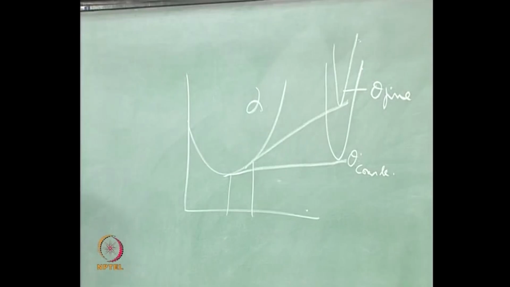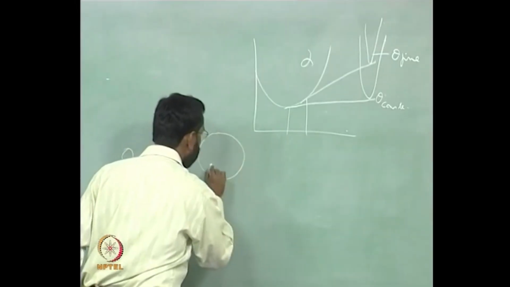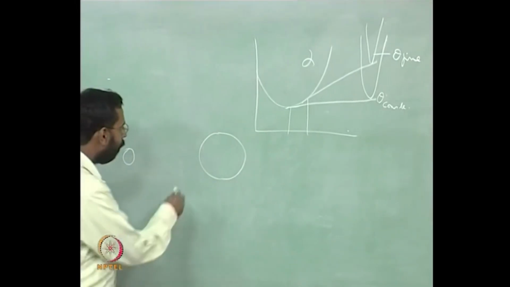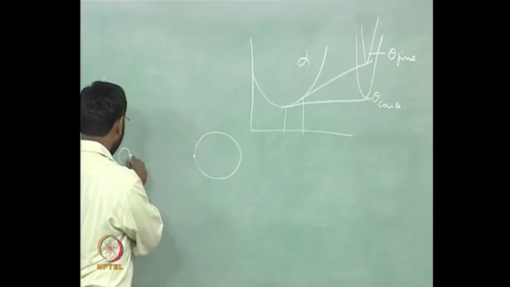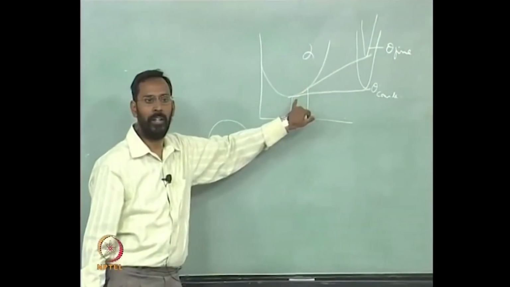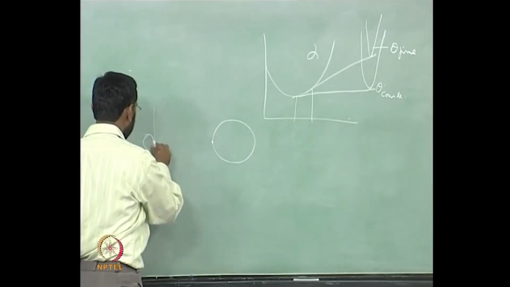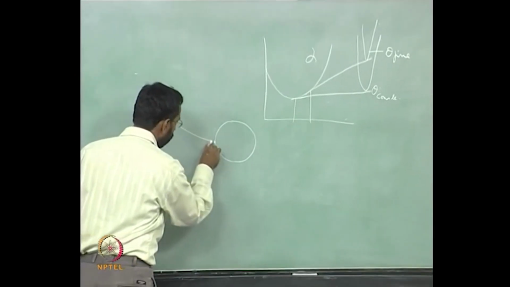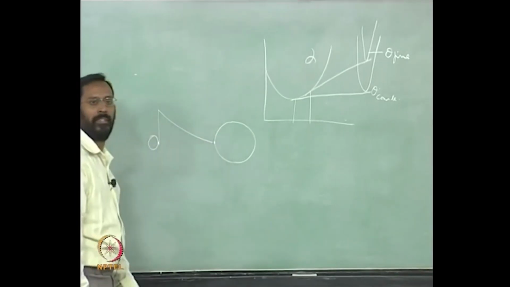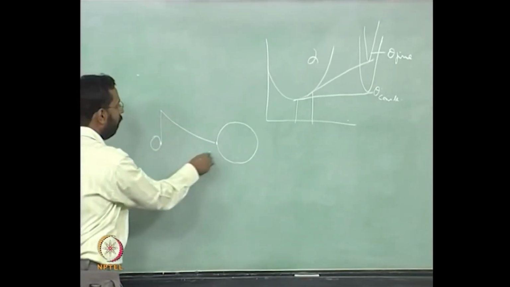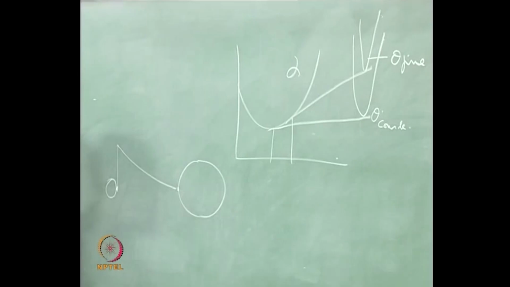The alpha in front of the coarse particle and the alpha in front of the fine particle have different compositions, and the fine particle has a higher composition than the coarse particle. So if I draw a concentration profile, you may get something like this. Here you have a higher concentration, here you have a lower concentration.